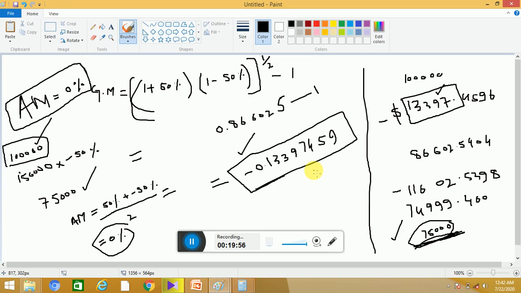So our initial investment of 100,000 will become 75,000 after 2 years.